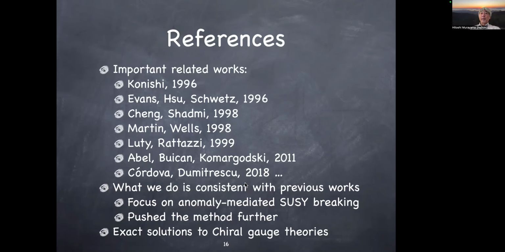What we do is build up on what people have done, focus on a particular way of breaking supersymmetry, and push this idea much further. This has now become a well-defined and usable technique to study non-perturbative gauge theories. And once you have this technique, you can apply it to chiral gauge theories and obtain exact solutions there as well. So that's what I would like to talk about today.